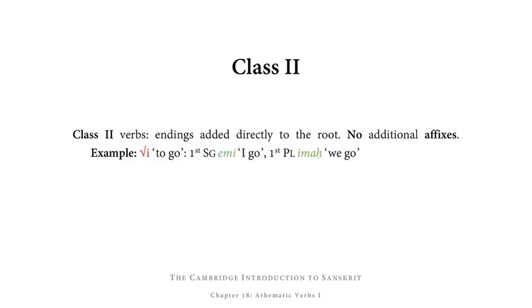So again, what is happening here is that it's the root itself that is put into guna in the strong forms, i.e. the singular, and is left in the zero grade in the weak forms, i.e. in the dual and the plural. So the strong stem would be e, the weak stem would be i, and to that we then add our endings, mi and maḥ for the first singular and first plural respectively, giving us emi and imaḥ.